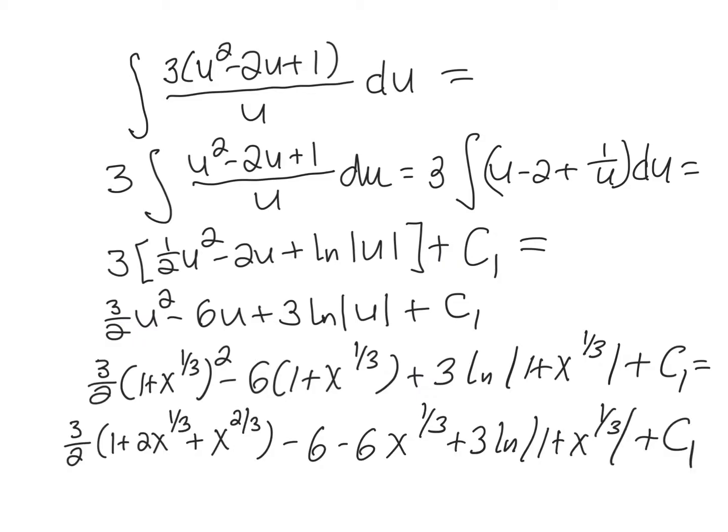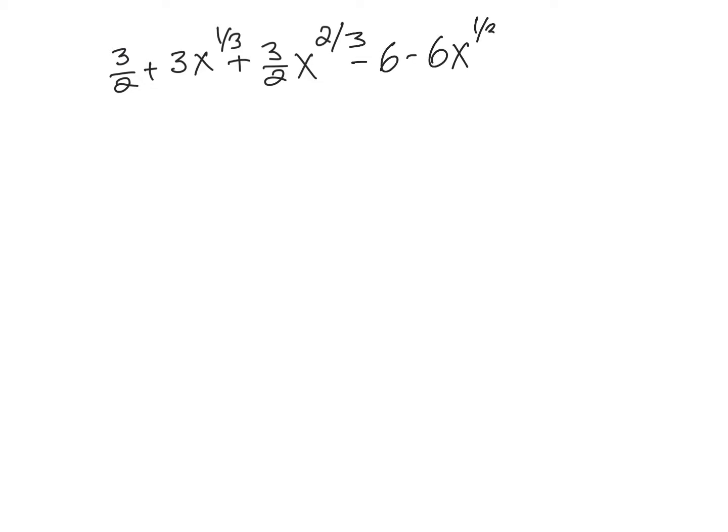And so this is equal to 3/2 plus 3x to the 1/3 plus 3/2 x to the 2/3 minus 6 x to the 1/3 plus natural log of absolute value of 1 plus x to the 1/3 cubed. We put 3 in the exponent inside the log, plus c1.